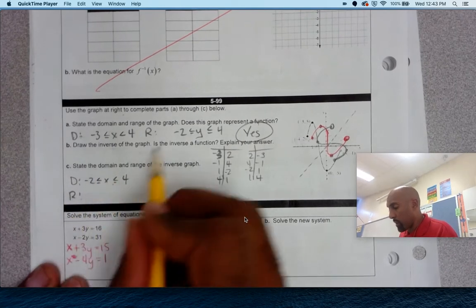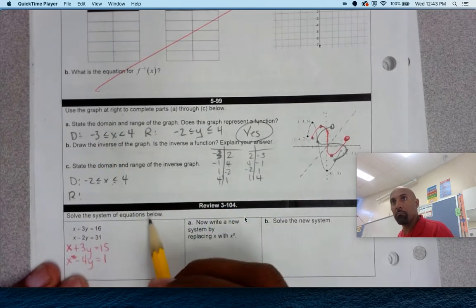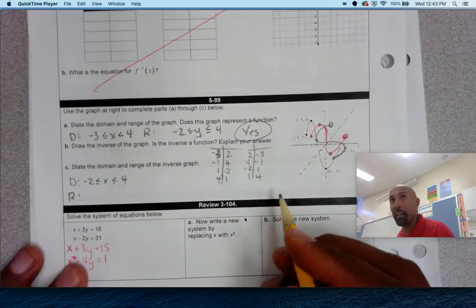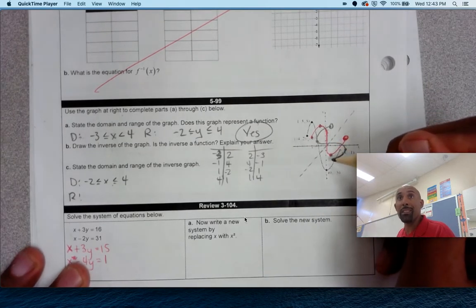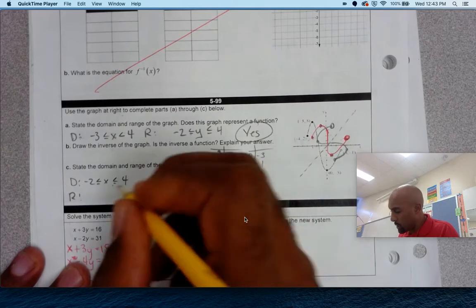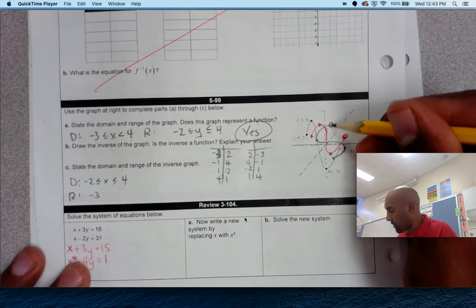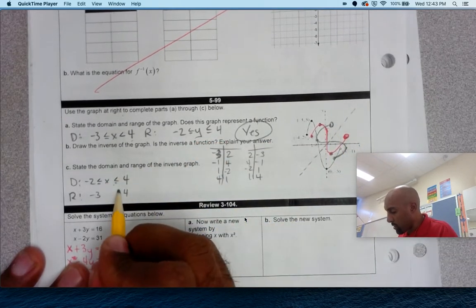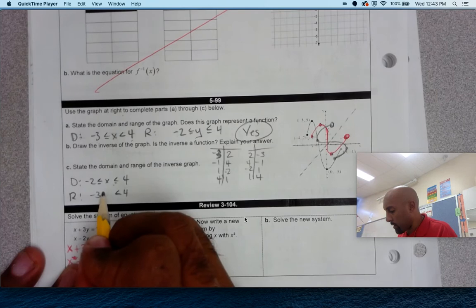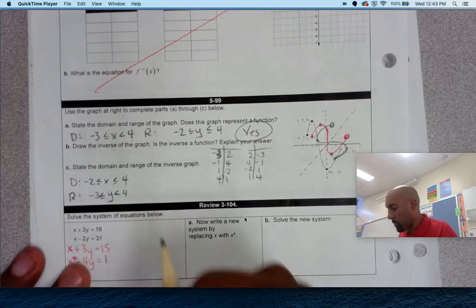And then the same thing vice versa for the domain and range of the other one. So now the range, the bottom value is going to be -3, which it should be. So I should expect that the top of that graph will be a 4. But again, the top is an open circle, so I use that sign, and then the bottom is just the closed circle, and I put y into it.